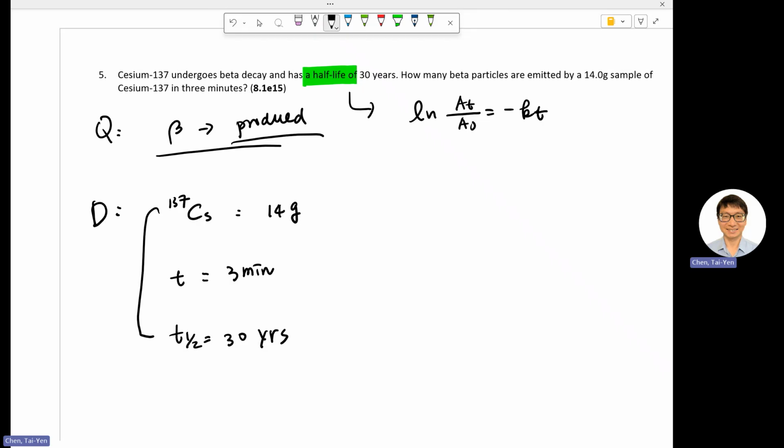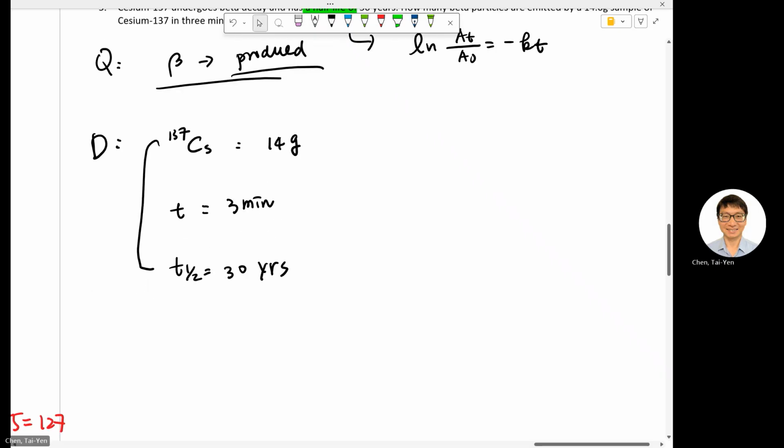Remember I said just a couple of minutes ago, if you see the information of your t half, what do you do? Calculate the k. Because k times t half equals 0.693. Here t half is 30 years.